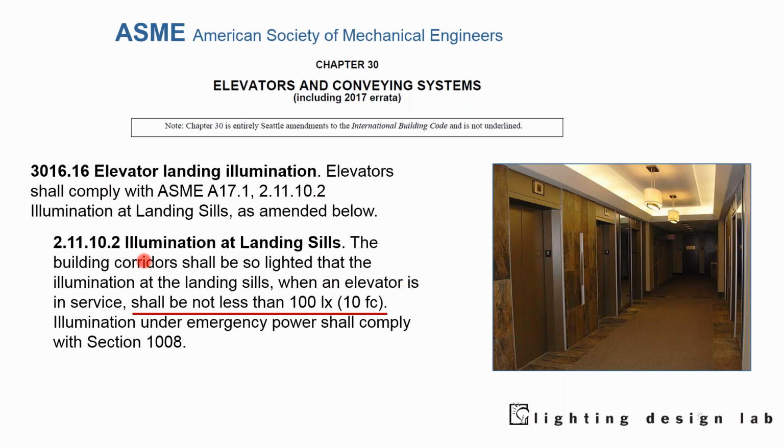Illumination at the landing sills shall be not less than 10-foot candles. Illumination under emergency power when the elevator is in service is different, so you need to know about that.